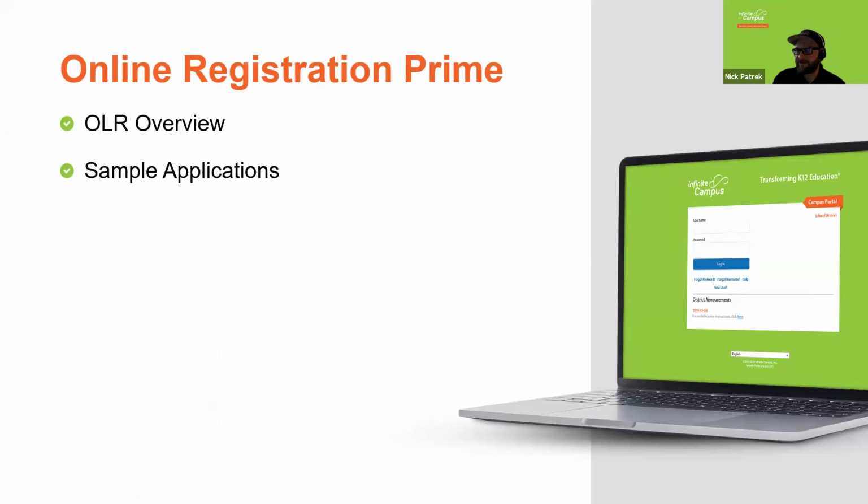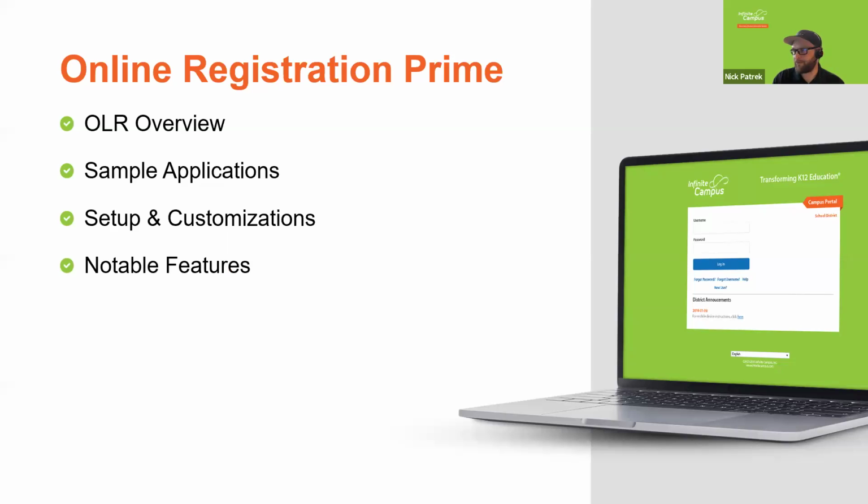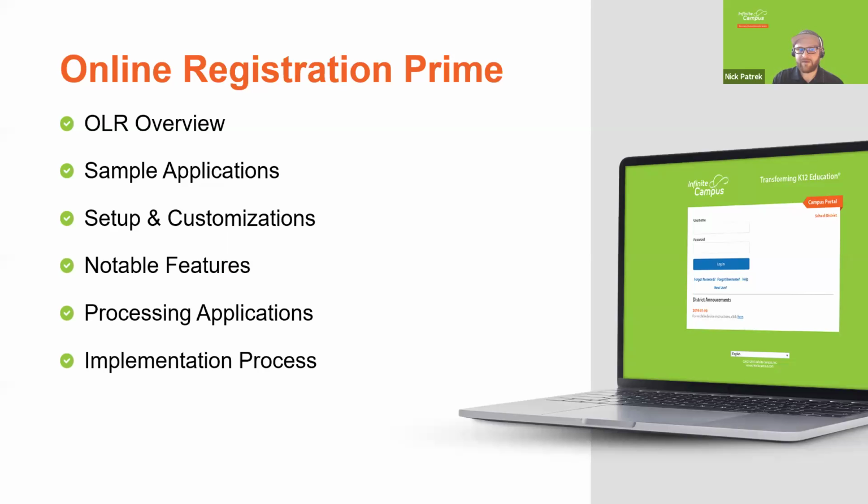We've looked at some sample applications for our new and existing families, dug into a little bit of the back-end setup of things and how we can customize our applications, as well as those notable features like language translations, our notifications, our statuses, document uploads, and all of those really helpful tools that we can customize our application with. We've looked at how to process applications from census, student, and health processing, and hopefully you have a little bit better understanding of what our implementation process looks like.